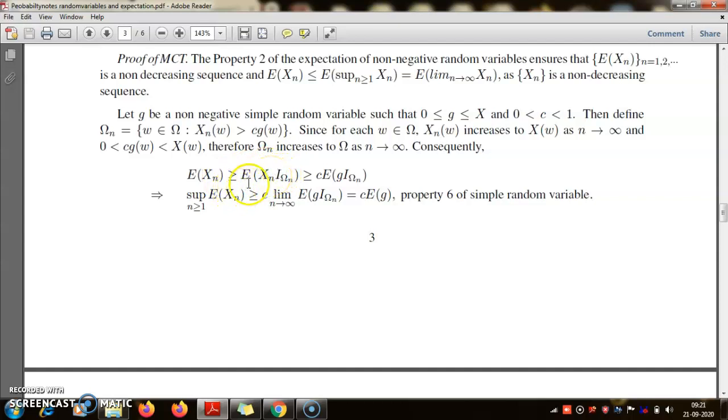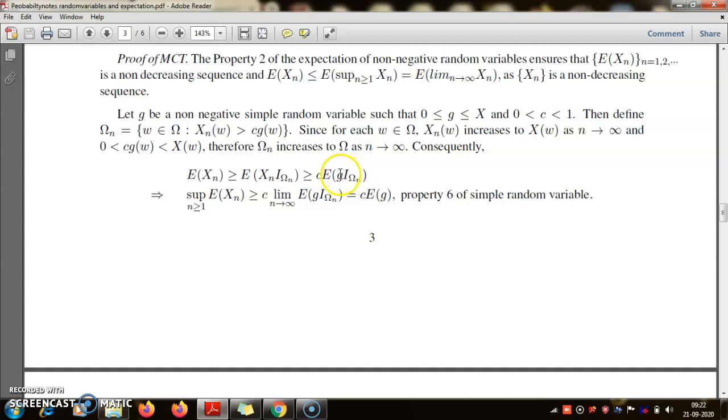So expectation of xn will be greater than this, and on this set by definition, for each w in omega, xn(w) is greater than c into g(w). So again I get a third relation, by property 2, monotonicity of expectation.